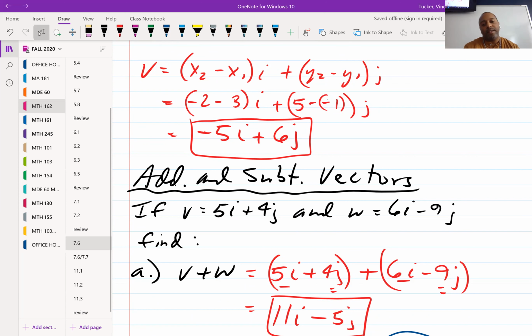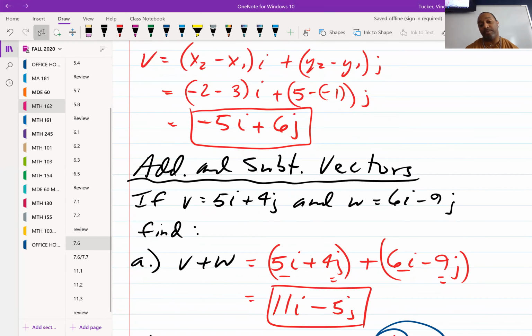Then they tell you to add V and W. All you do is combine your like terms, add your I terms, add your J terms, and that will be your answer. So 5I plus 6I is 11I, 4J minus 9J will be -5J.